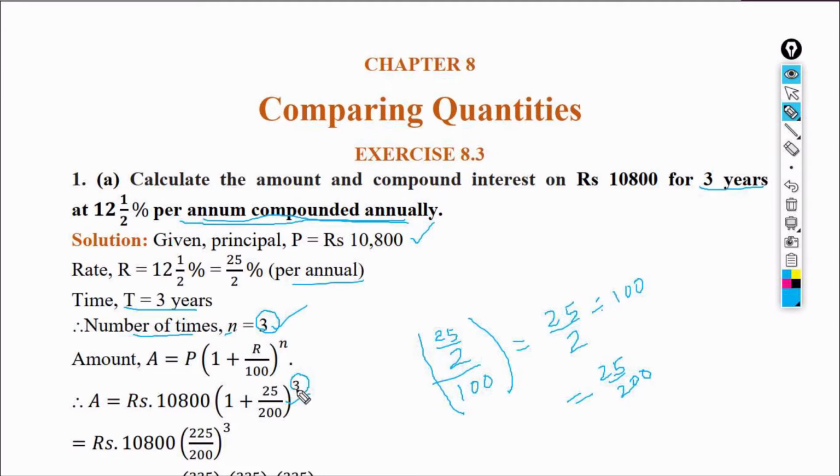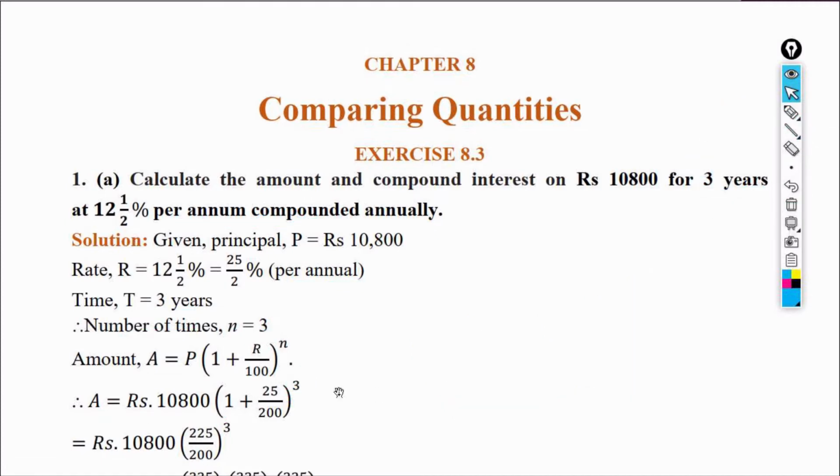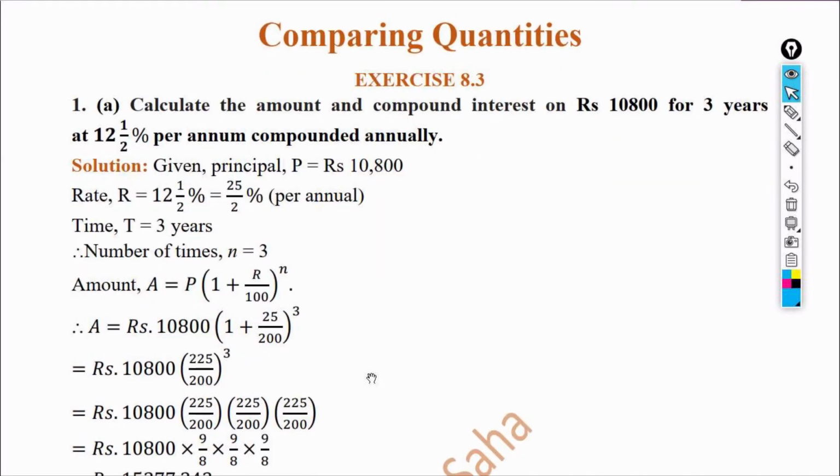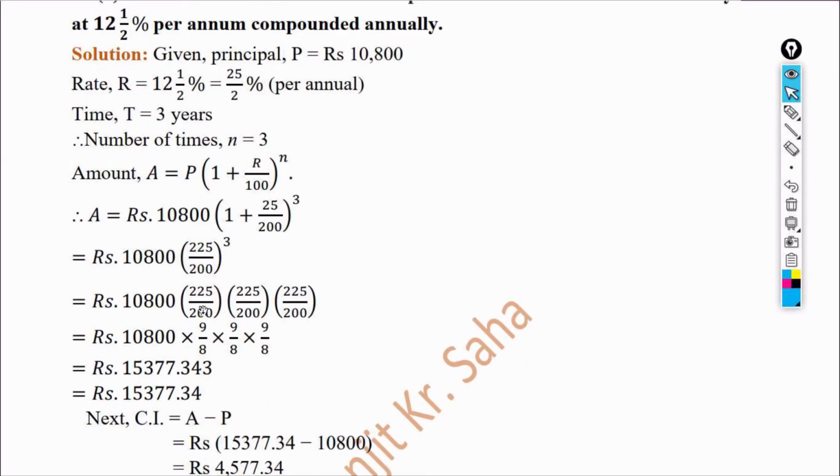Then just take LCM, and after taking LCM you will get 200 plus 25, which is 225 by 200 whole to the power 3.